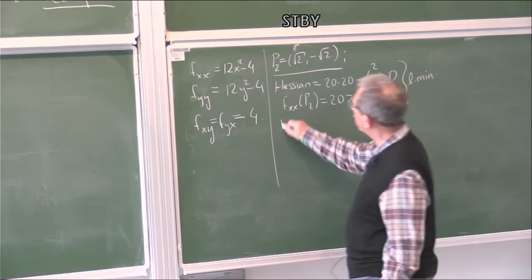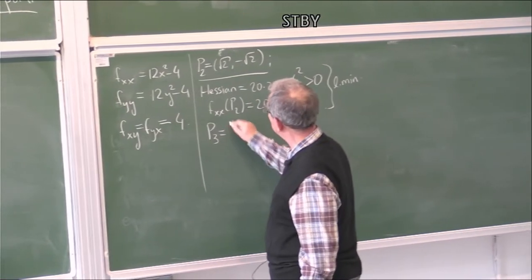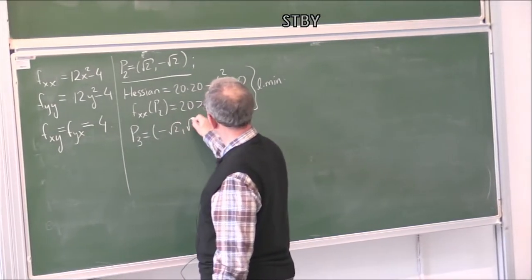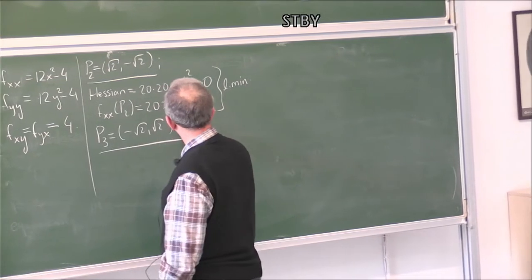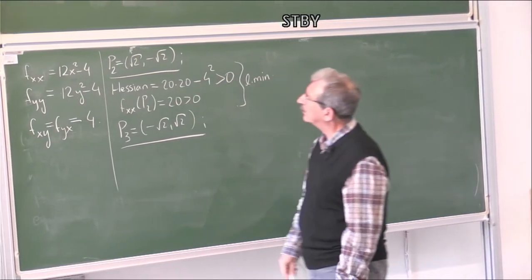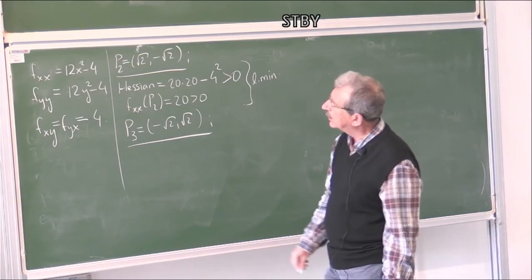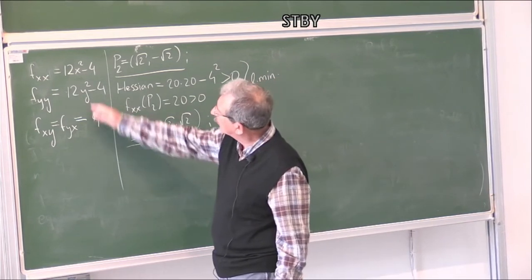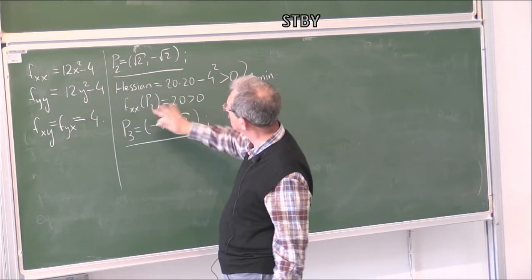Now for P3. Okay. Well, nothing changed because in the Hessian, we use only squares, so they are the same.